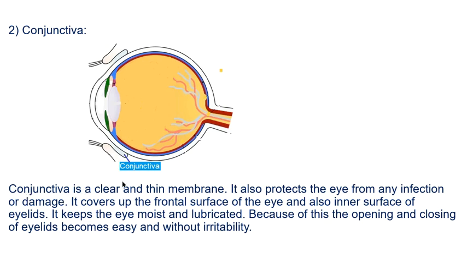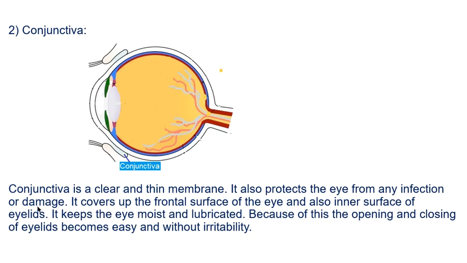Conjunctiva is a clear and thin membrane. Very thin layer, that is called a membrane, which acts like a protective cover. It also protects the eye from an infection or damage.